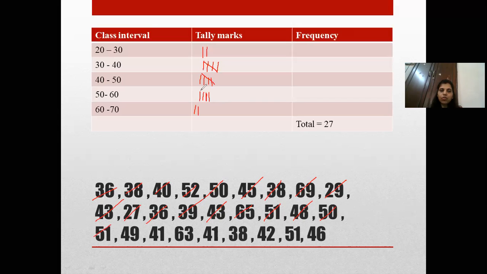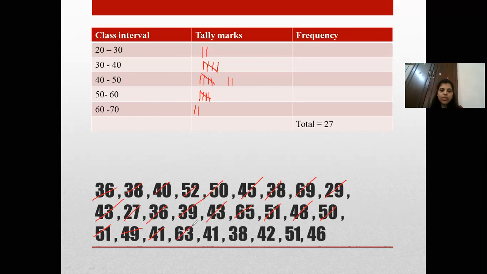So here you can see 4 lines we have already finished. Strike it off. 49. So 49 is here in this 40 to 50. 41. As it is 40 to 50, we'll place 41 over here.